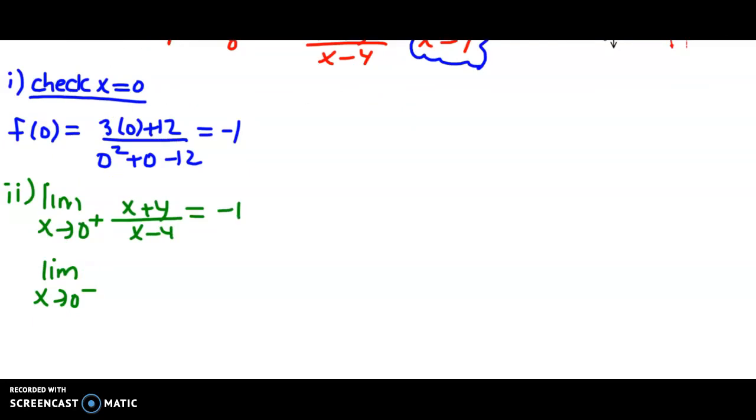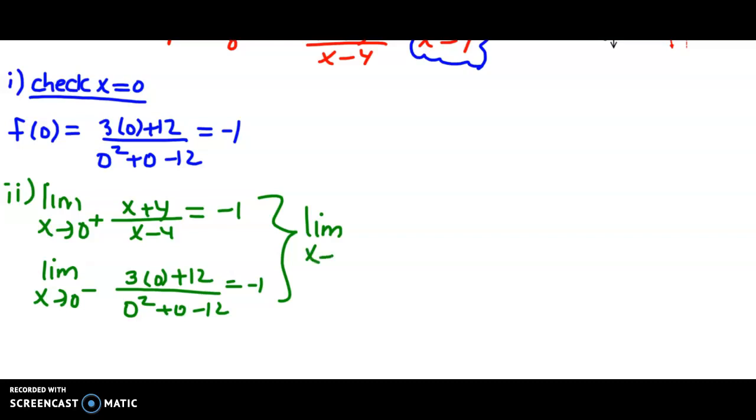For the left, I'm going to substitute the value into the first function. So I'm going to get 3 brackets 0 plus 12, which is very similar to the very first thing I did above. And I'm going to get -1. The limit from the left and right are the same, so I can make the conclusion that the limit as x approaches 0 of my function equals -1, and the limit does exist.